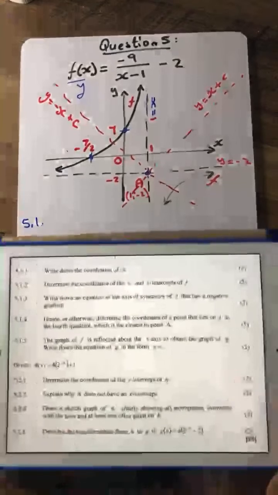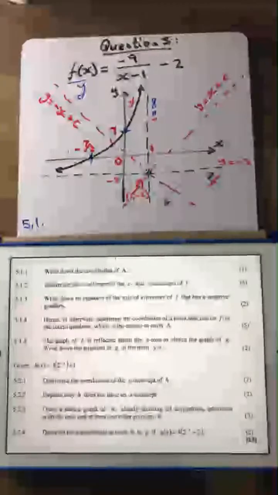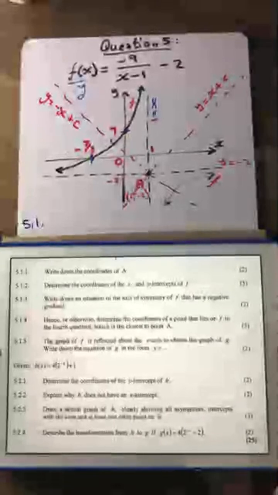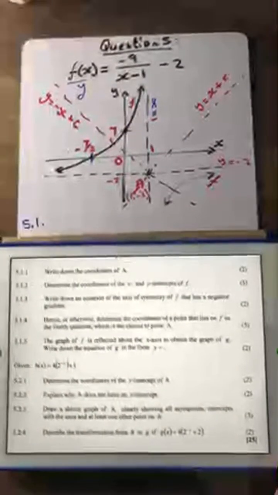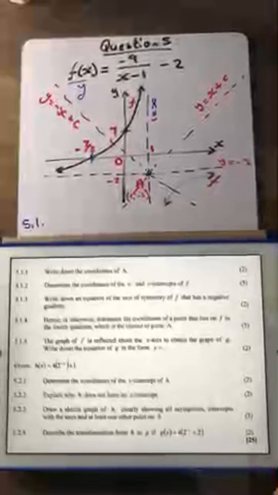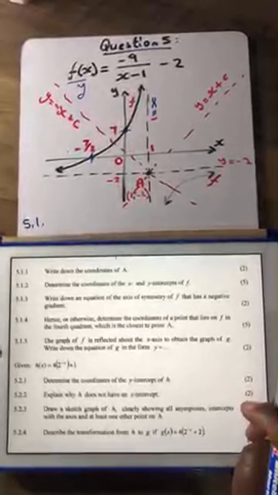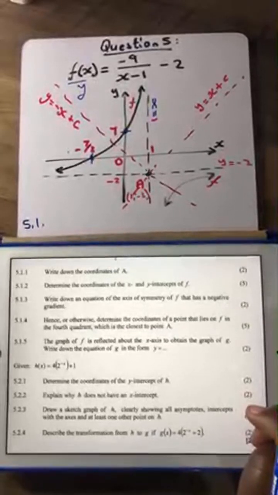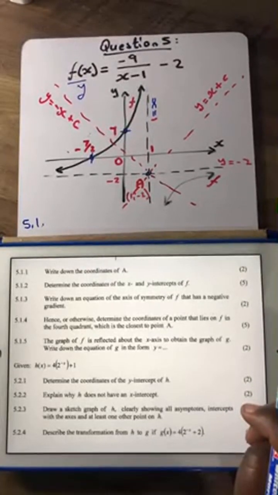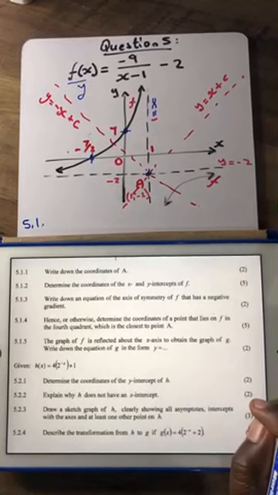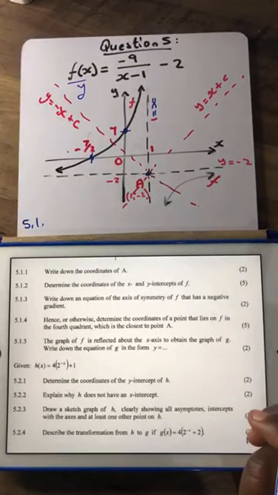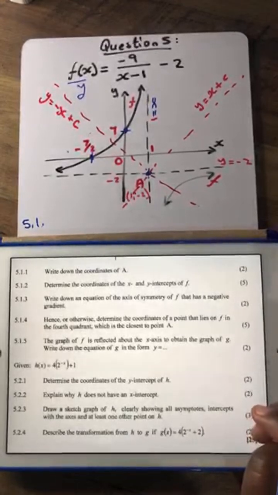So here it is: hence or otherwise determine the coordinates of a point that lies on F in the fourth quadrant, which is the closest to point A. Not an easy one.